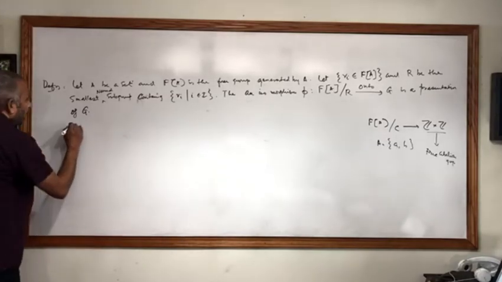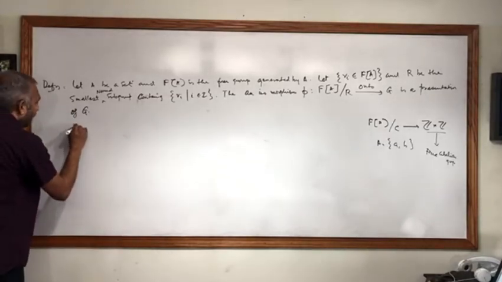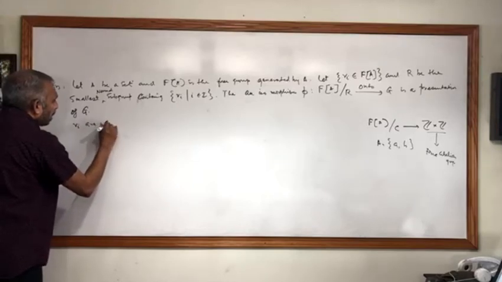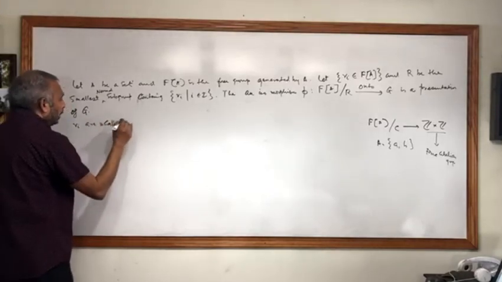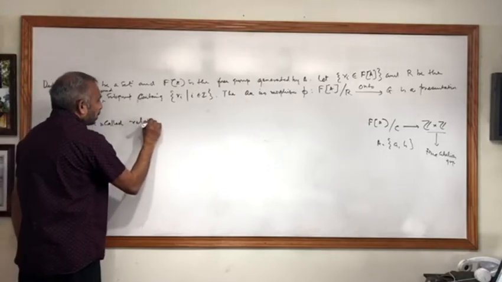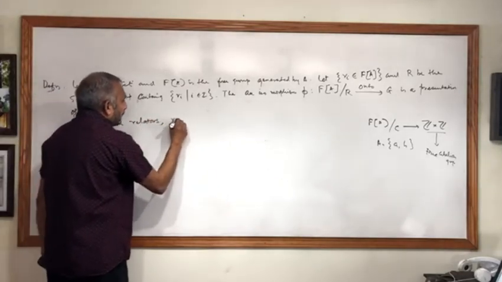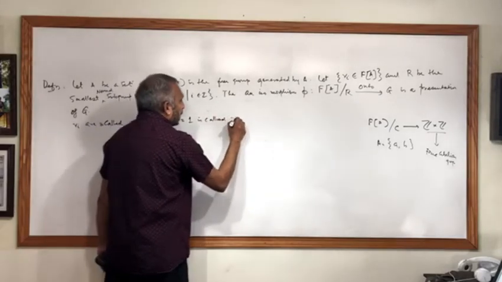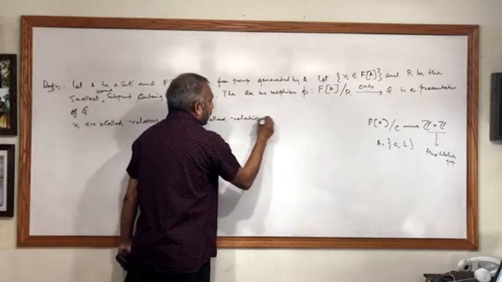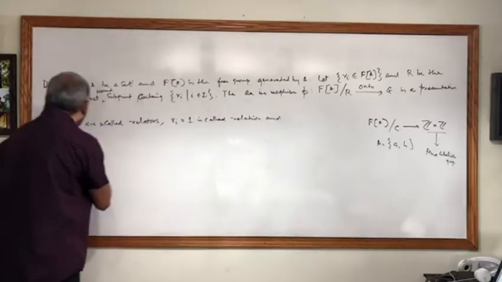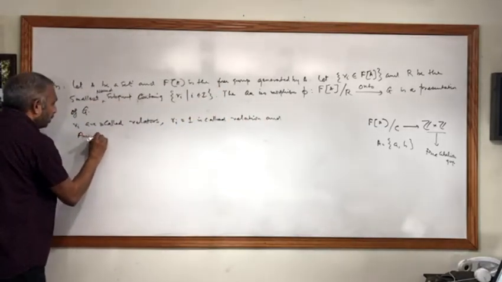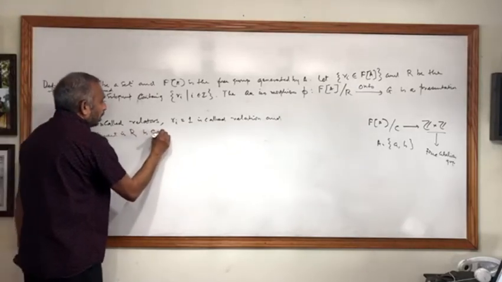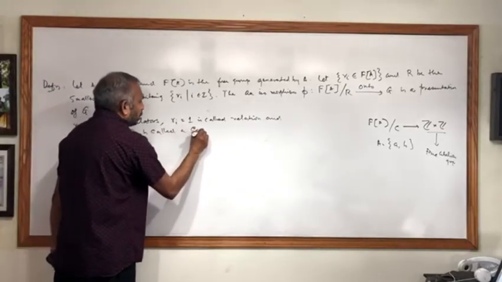Now, then the Ri's are called relators. Ri equal to 1 is called a relation, and any element in R is called a consequence.